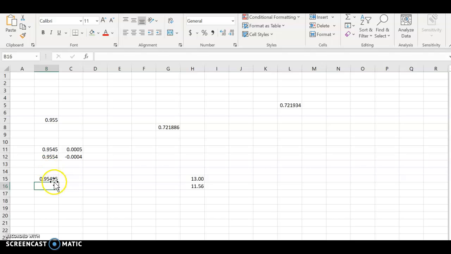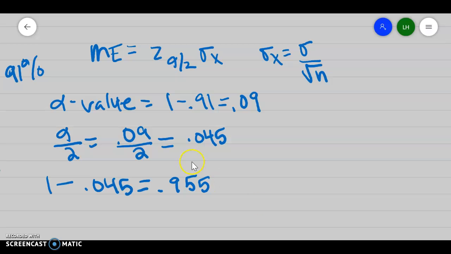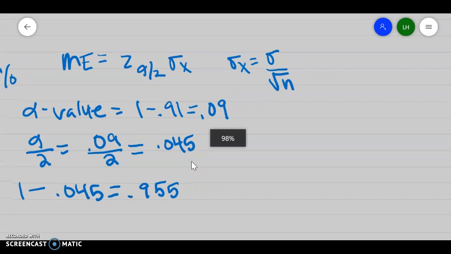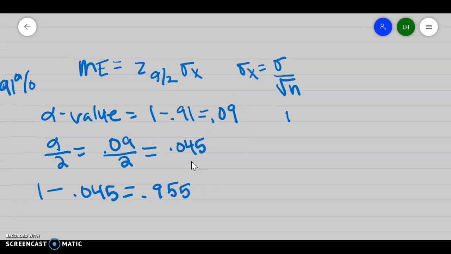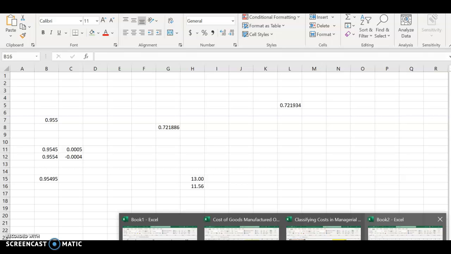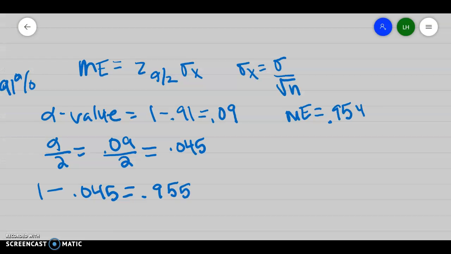So 0.95495 is a good critical value there. I forgot what we said, but 0.95495 is going to be really close to what we need.